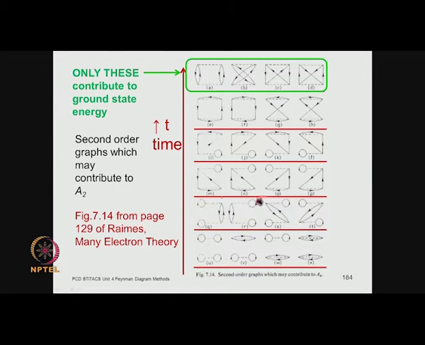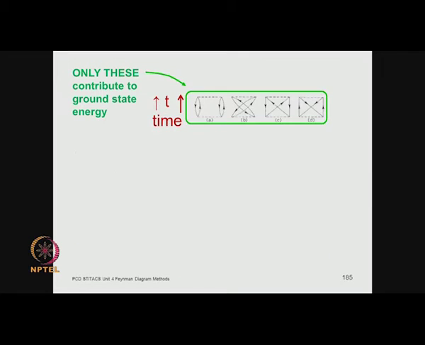You have many other pictures, but they do not contribute to the term A2, which is what we will have to plug in to get the second order corrections. So, these are the only ones to be considered, and that offers a lot of simplification.